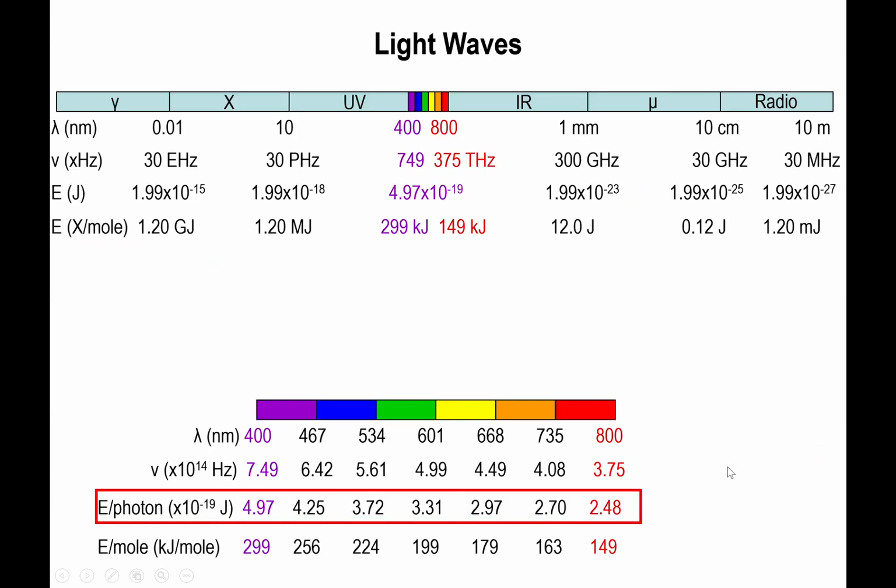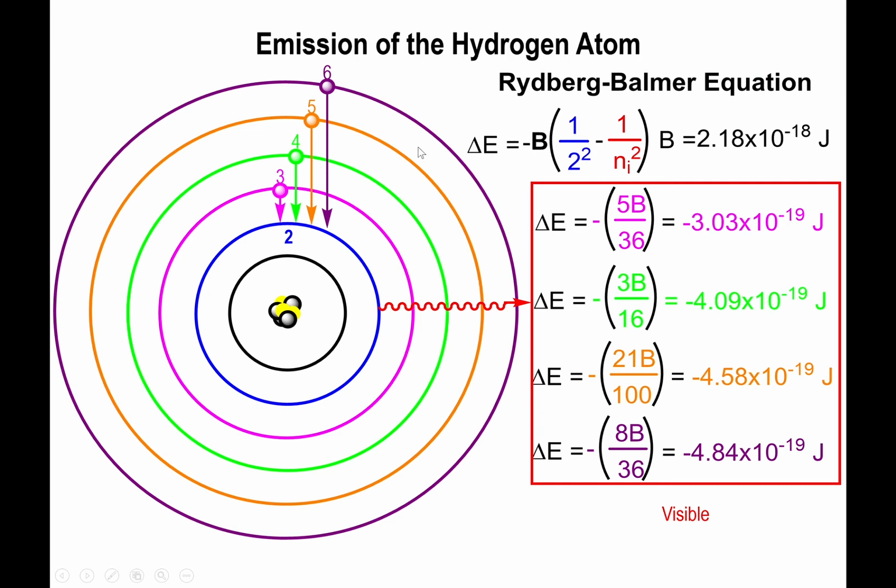And if you look carefully, 3.03 and 4.84 fall completely within the visible spectrum, meaning that all of these transitions from higher energy levels down to the second energy level in particular yield visible light being emitted from your elements.